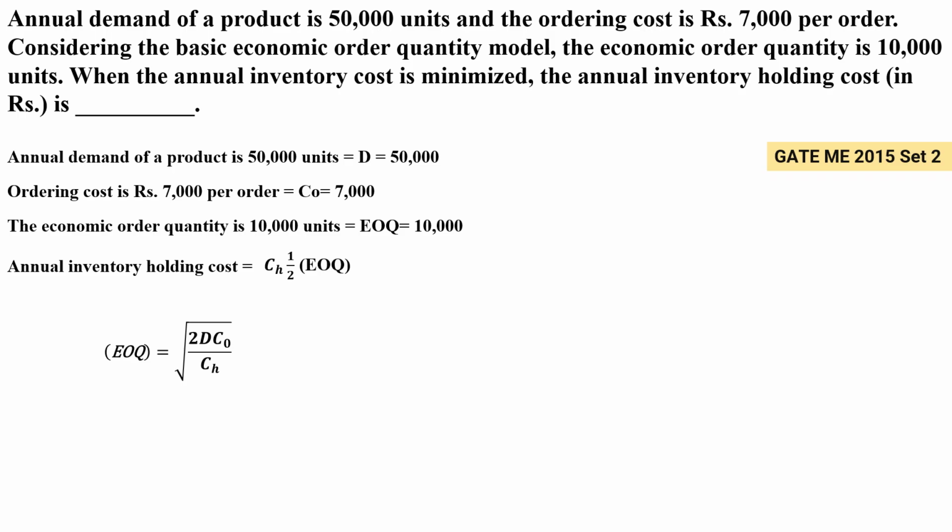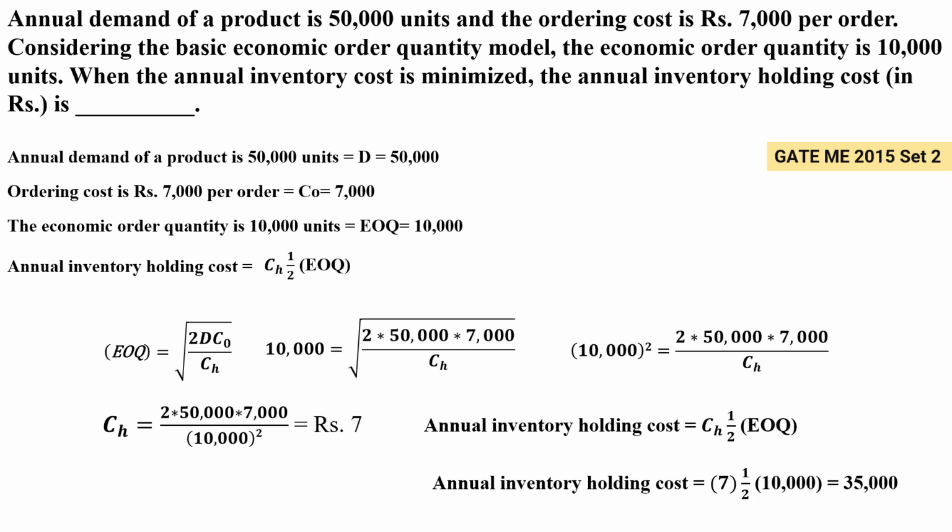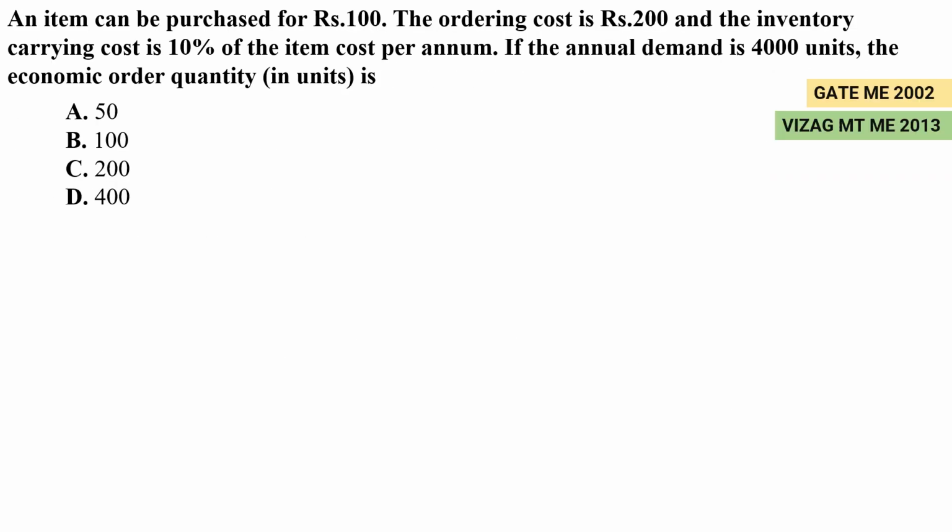So here D is given, C0 is given, and the EOQ is also given. Then CH equal to 7 rupees. And annual inventory holding cost equal to CH 7 into 1 by 2 into EOQ equal to 10,000. That is 35,000. So answer is 35,000.